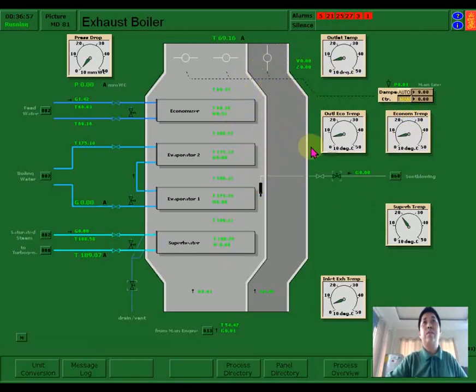The damper will close here and open for the economizer. This one, for bypassing the economizer, will go directly to the atmosphere through the exhaust pipe. But if the steam temperature decreases, your damper here will close and your economizer damper will open.